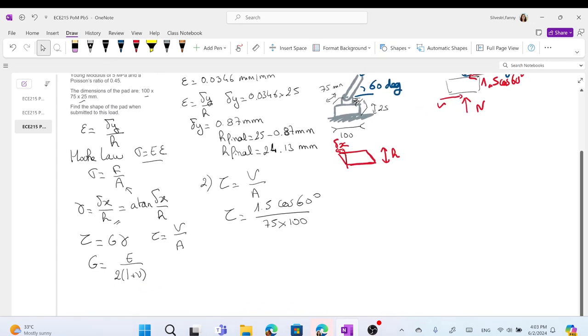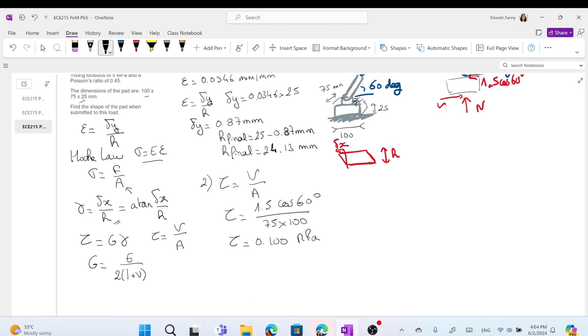So the tau, the shearing stress, equals exactly 0.100 MPa.